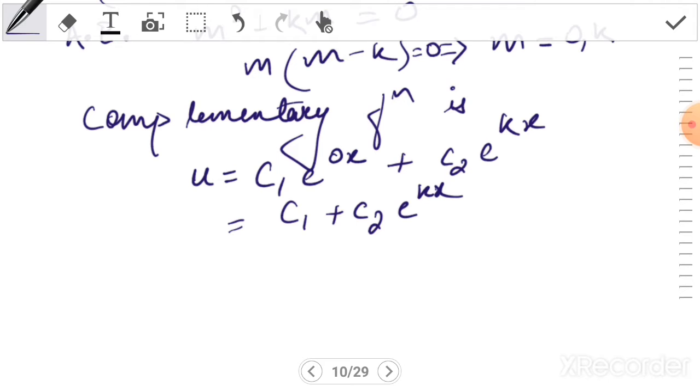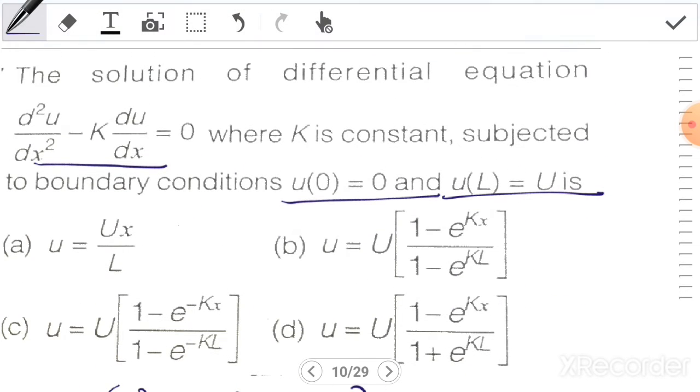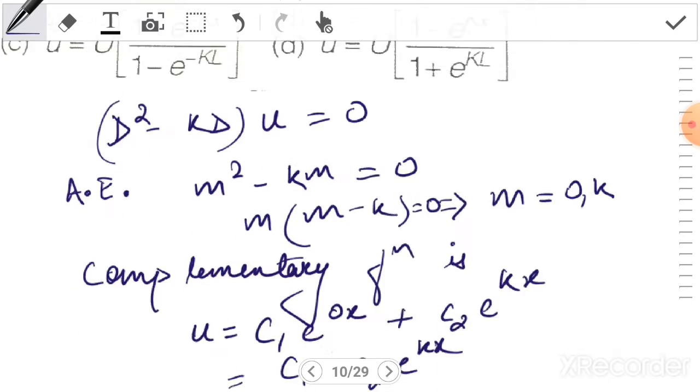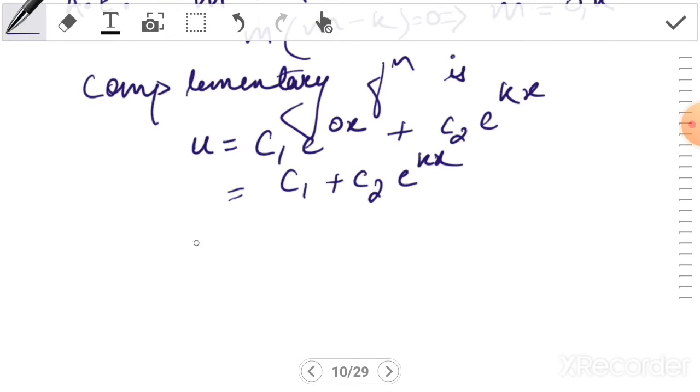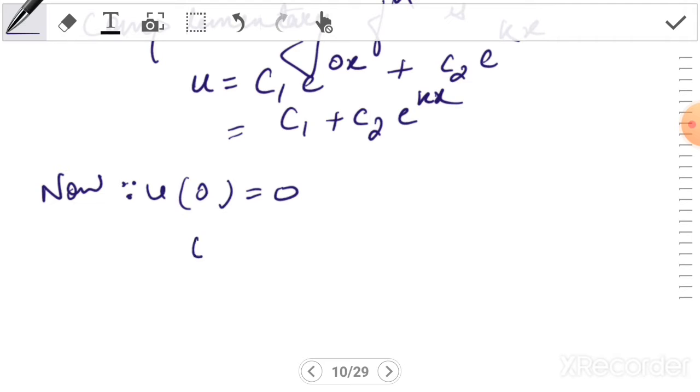Now using the boundary condition, okay, u at 0 is 0. So put x is equal to 0. Zero is equal to c1 plus c2 e power 0.